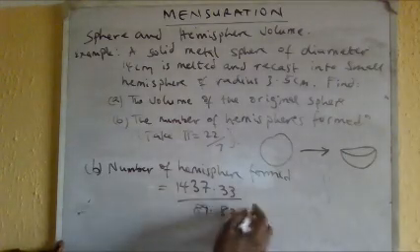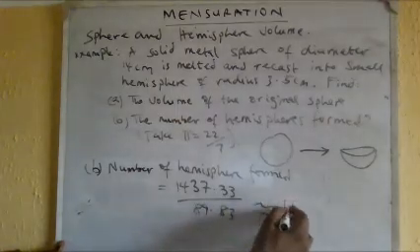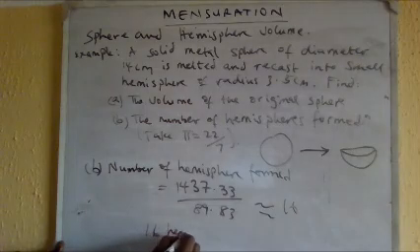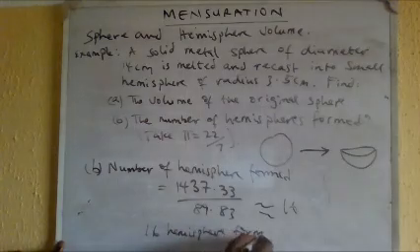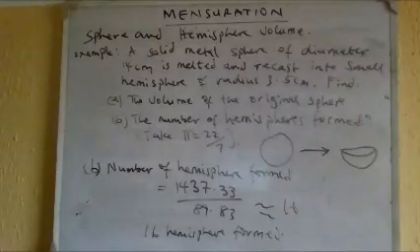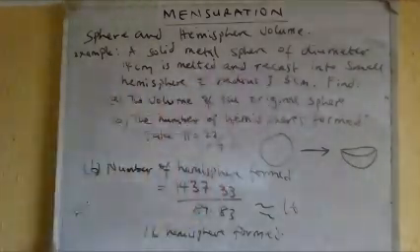By the time you divide it, approximately you get 16. So there are 16 hemispheres formed if the original sphere is recasted and made into hemispheres of this radius.